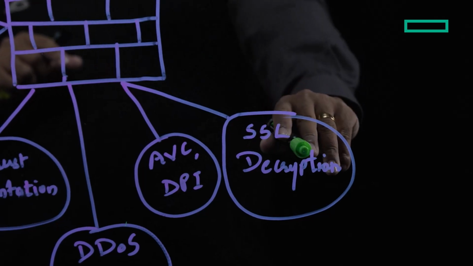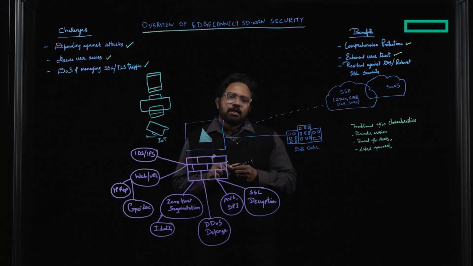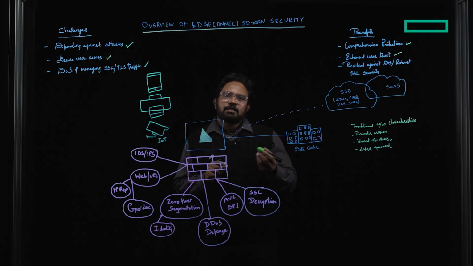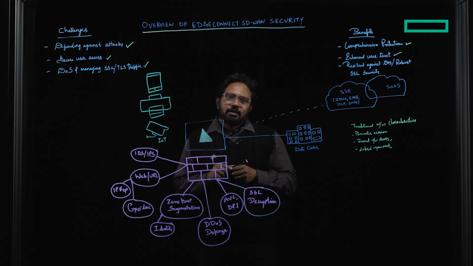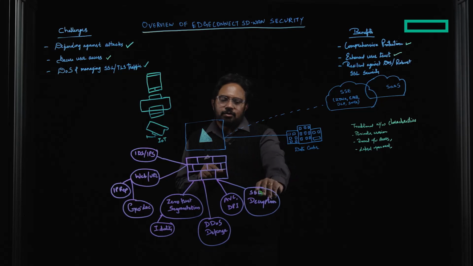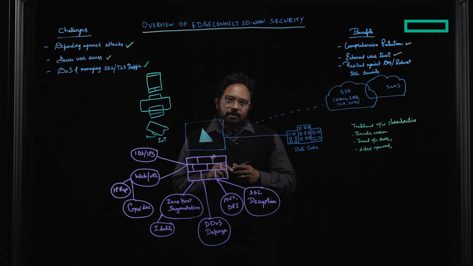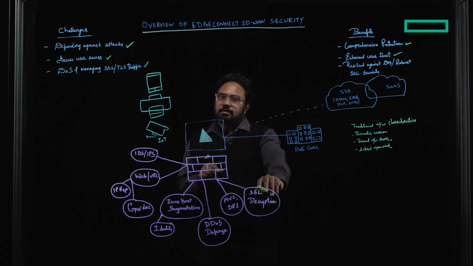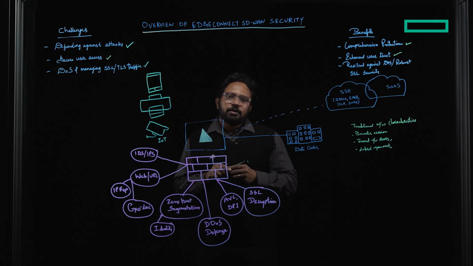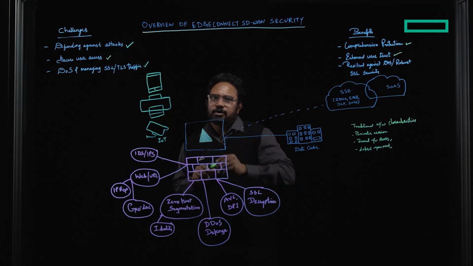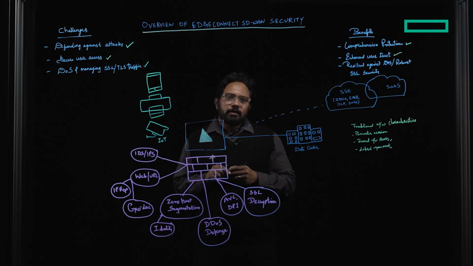JA3 and JA3S are able to fingerprint SSL certificate exchange, look at anomalous certificate exchanges between a client and a server, and stop or purge that traffic. This does not require decryption of SSL traffic on your EdgeConnect, giving you the required performance on the fabric.